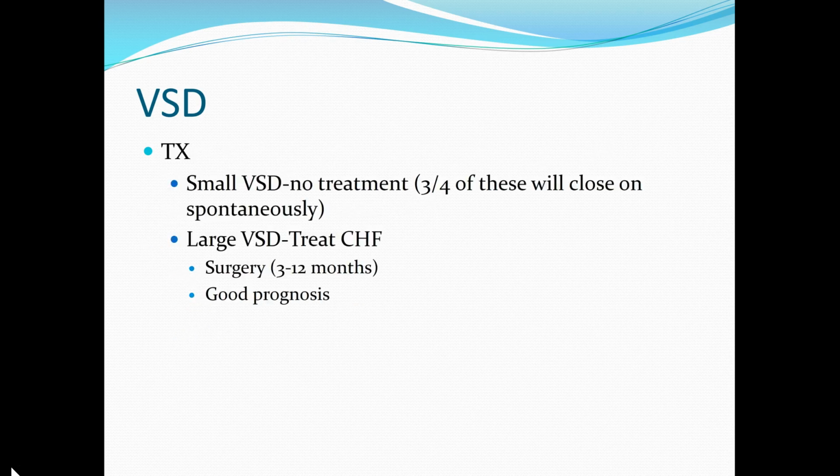So treatment, if it's small, there is no treatment. 3/4 of these will close on their own spontaneously, typically within the first 6 months of life. If there's a large VSD, you're going to treat the CHF and they're going to have surgery around 3 to 12 months. There is a good prognosis. However, some of these children may be on meds long term and they may need a pacemaker. It just depends on how much damage has been done.